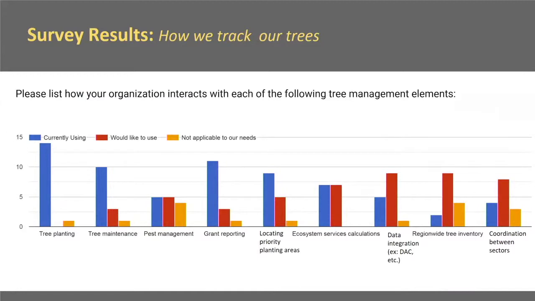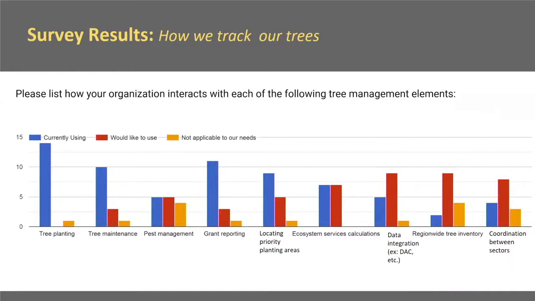In terms of how we're tracking our trees, we wanted to see what people were currently doing and what people wanted to do in the future. And it was really interesting. It sort of split out: what we're tracking now are very physical, day-to-day things. We're tracking the trees we plant. We're tracking maintenance. We're doing grant reporting. We're using it to help locate where we're going to plant trees. And then the things people want to do in the future are some of that bigger picture storytelling of what we're doing, what impact we're having.